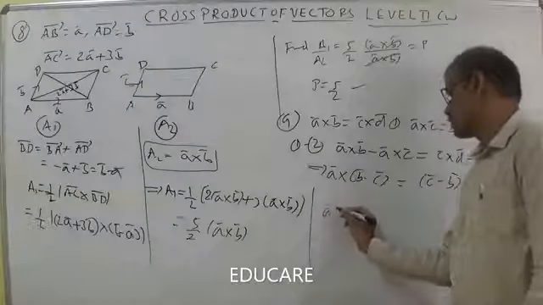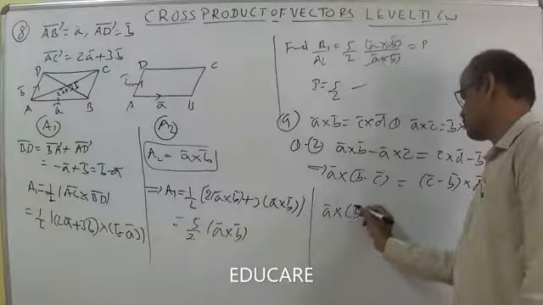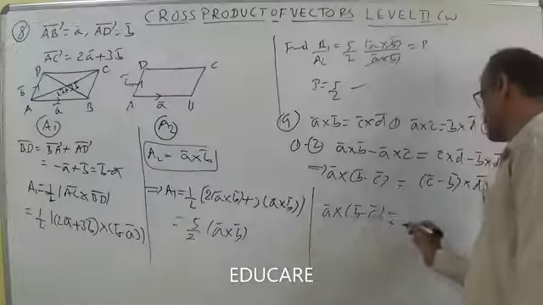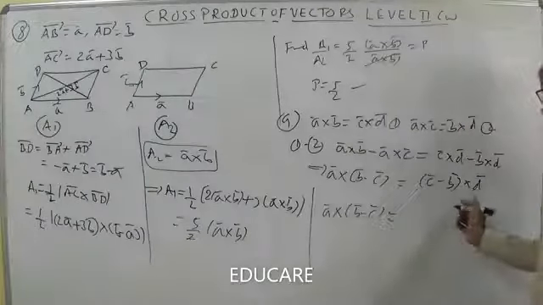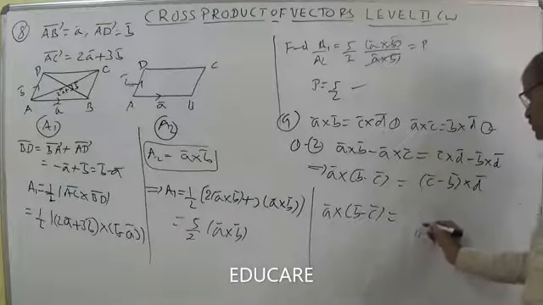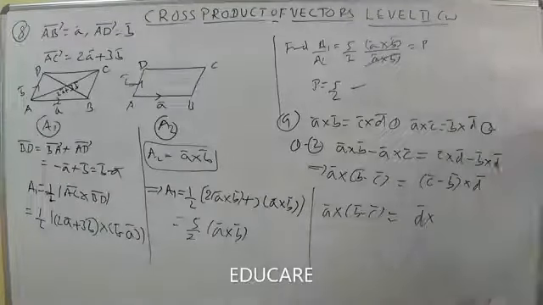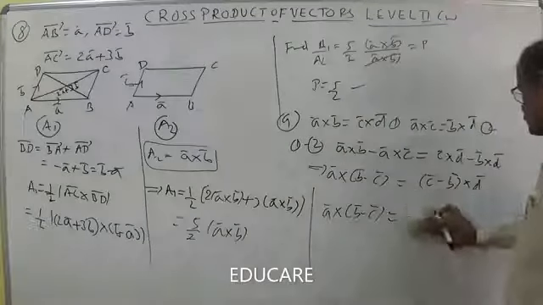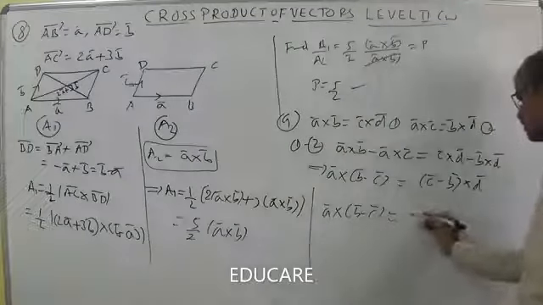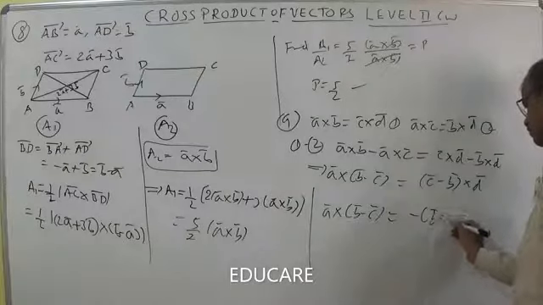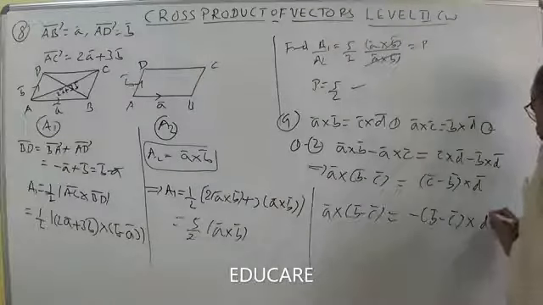Now we can write A bar cross B bar minus C bar is equal to D bar cross C bar minus B bar, and if we take the minus, we can write B bar minus C bar cross D bar.